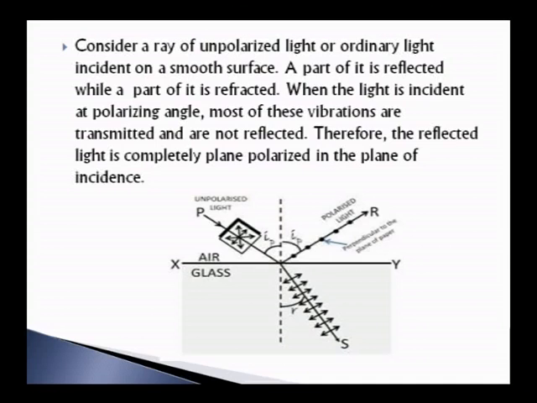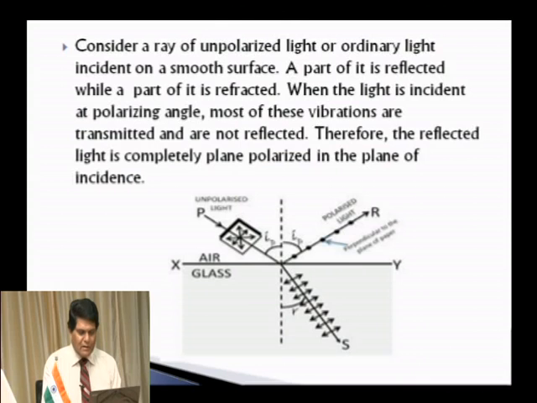Let us imagine we have a media consisting of air and glass. Air is a rarer media and the glass is a denser media. Whenever a ray of light falls on this at a point, this is the light which contains vibrations in almost all directions.